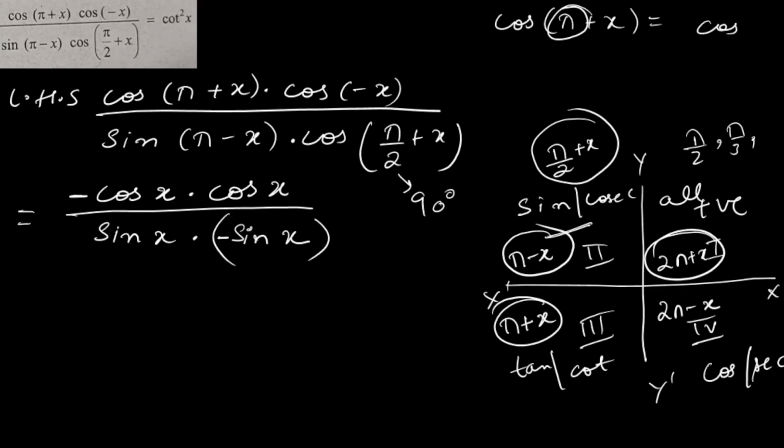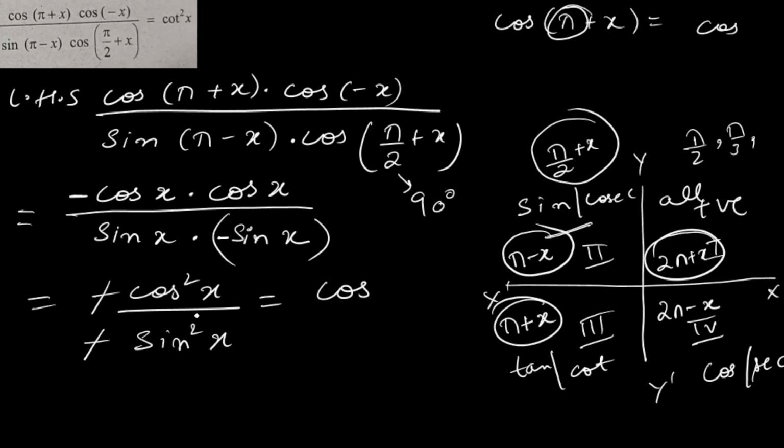Now cos into cos, it will become cos square, so minus cos square x. Sine into sine will become sine square, so minus sine square x, because minus sign is there. Minus and minus will get cancelled. Here I am getting both squares are there, so instead of writing two times, I'll write one single time.